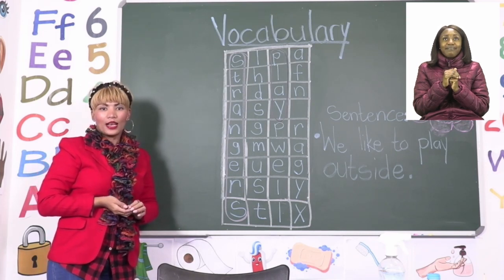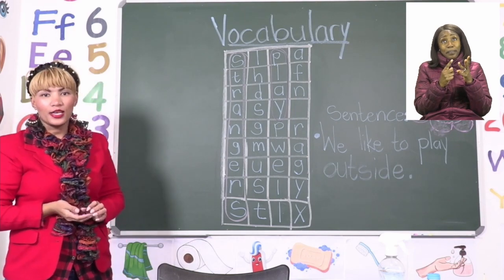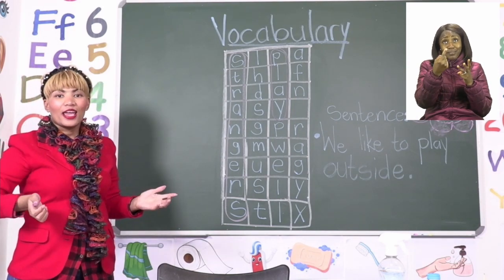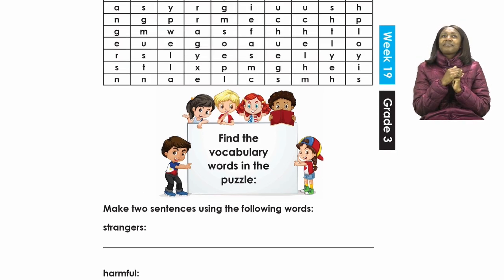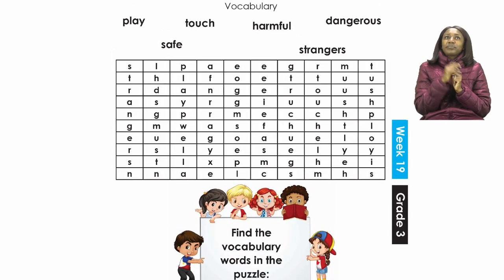Now, let's go back to page 3 and see, are there any other words that we still need to find? Let's look at the vocabulary words one more time. Play. Have we found the word play yet? Yes, we did. Let's continue.